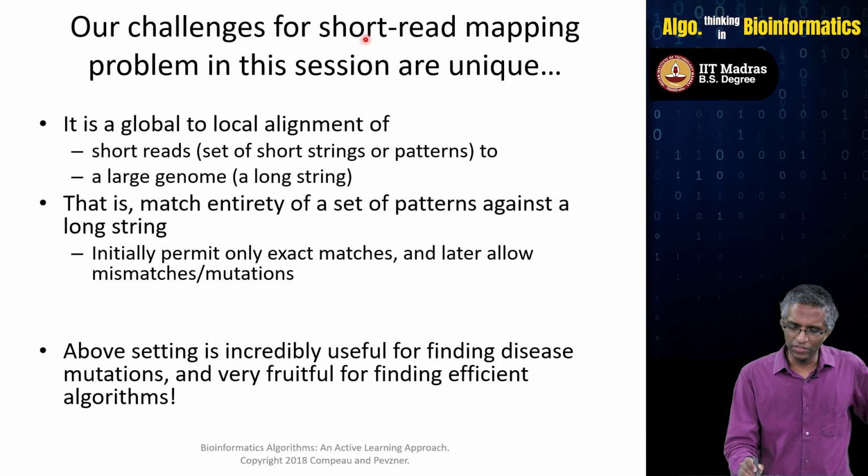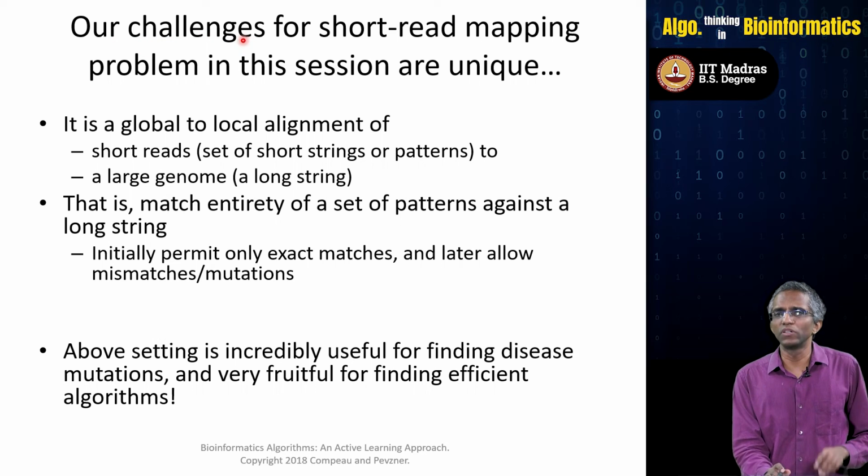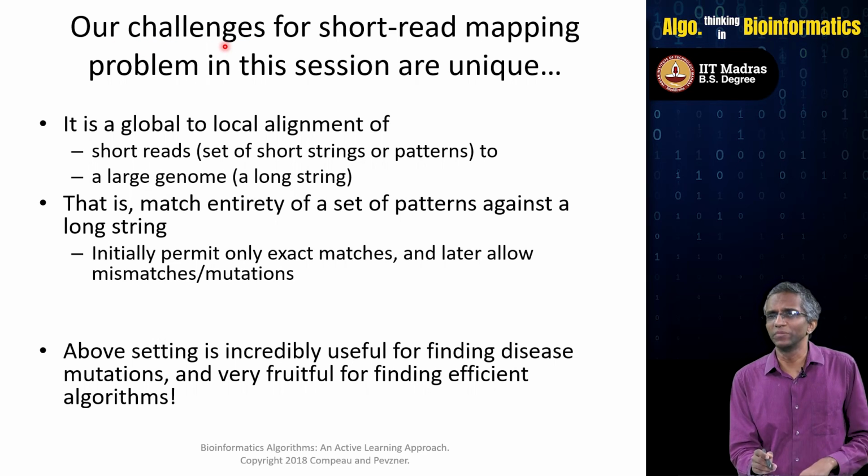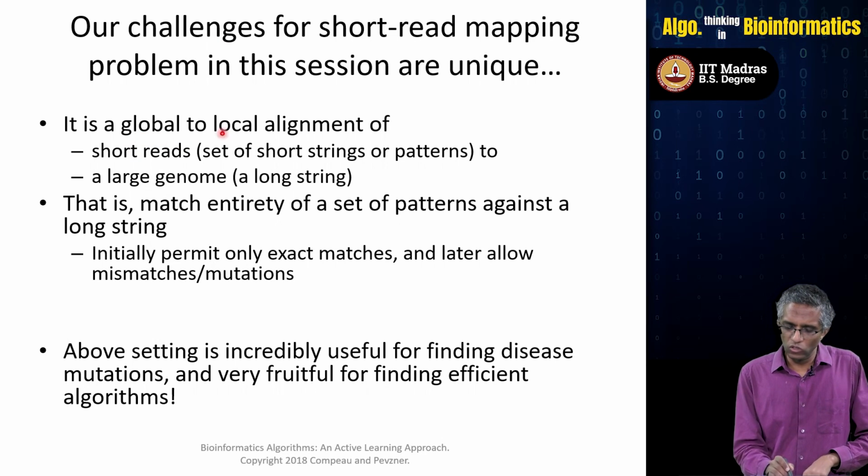What do we have in terms of short read mapping? Even though there has been a lot of work done on string matching and sequence alignments, both global and local alignment, short read mapping is still a unique problem, where it is a global-to-local alignment in which you are matching the entirety of a set of patterns against a long string.